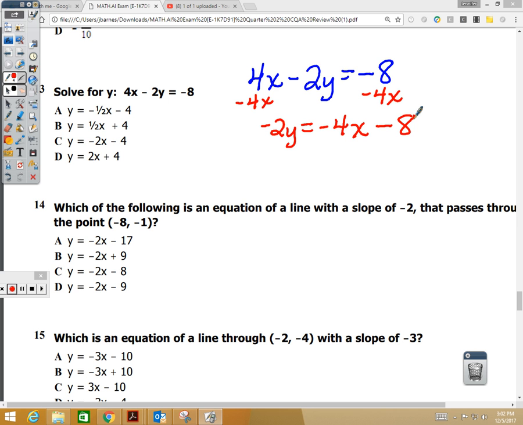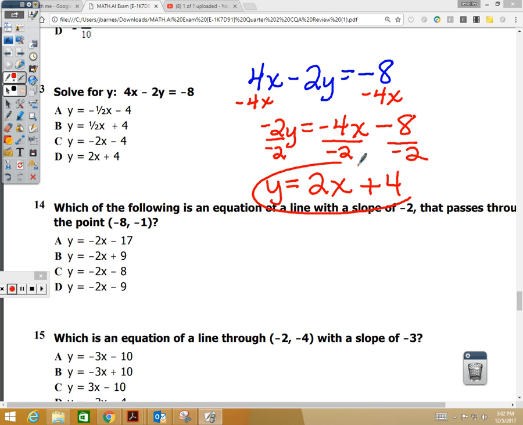The second thing that I need to do is divide by negative 2. And I need to divide both of these terms over here by negative 2. So I'm left with, on the left, just y. Negative 4 divided by negative 2 is a positive 2. And negative 8 divided by negative 2 is a positive 4. That matches up with D.